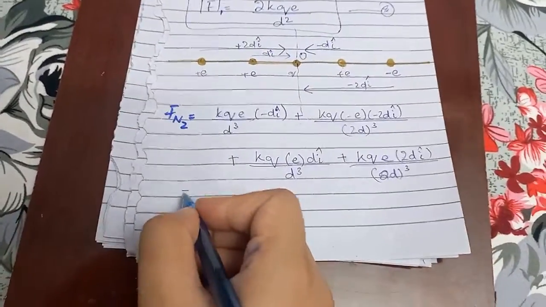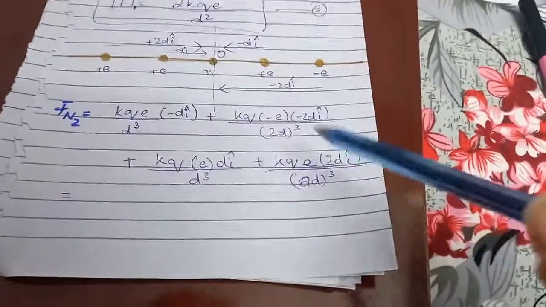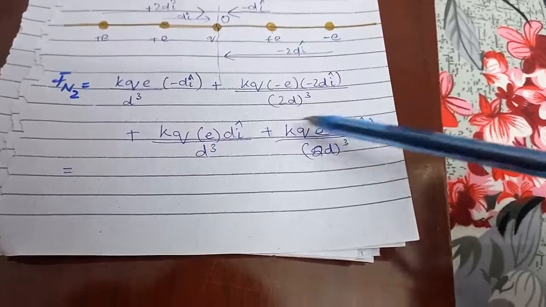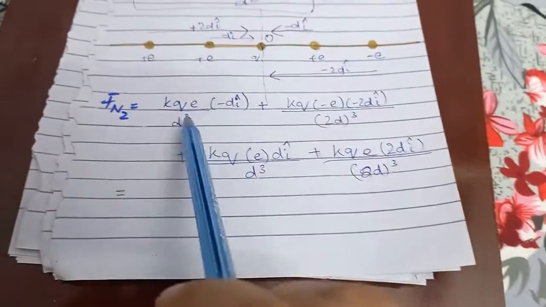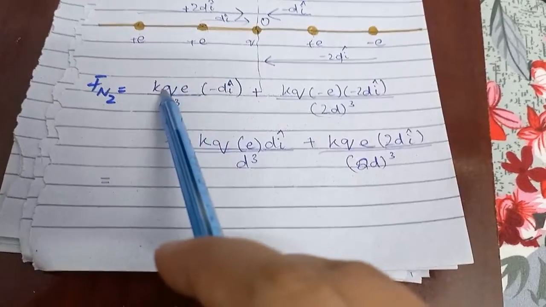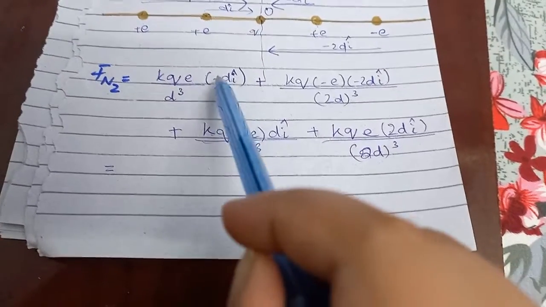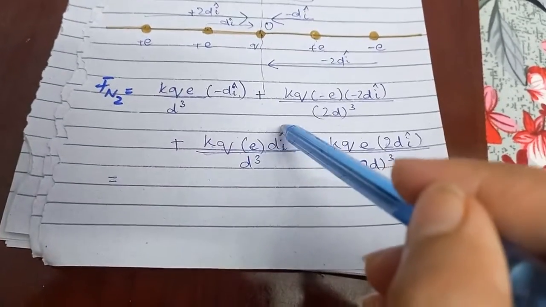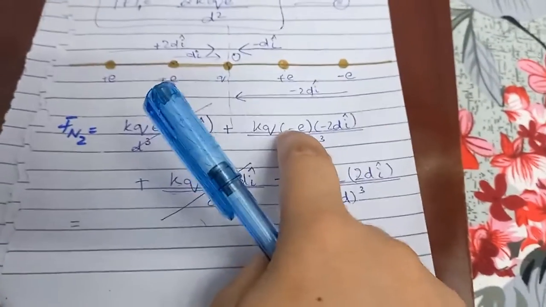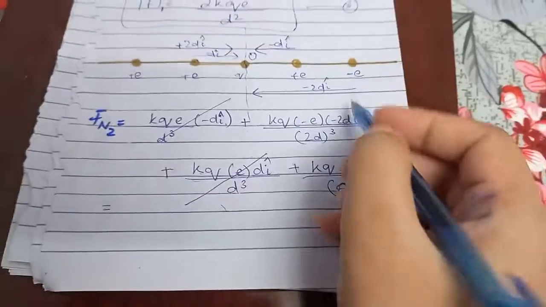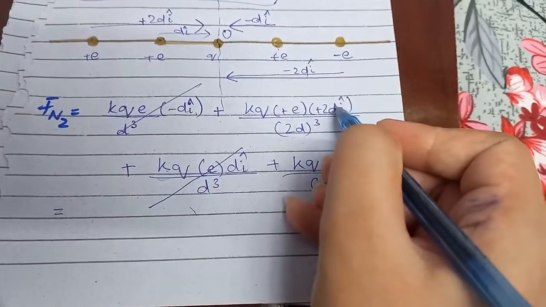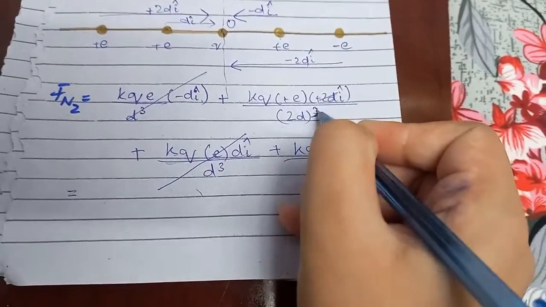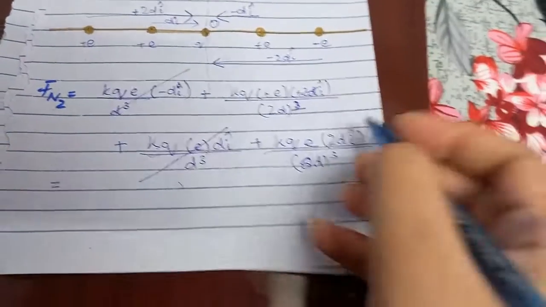Now let's simplify it and see what's going to happen. We can see this k q e, it's minus d i hat and this is plus d i hat, with d cube in the denominator, so they are equal but opposite and will cancel out. The other two will add up: negative and negative will become positive. This 2d and one of these cancel out, and 2d whole square is left behind.